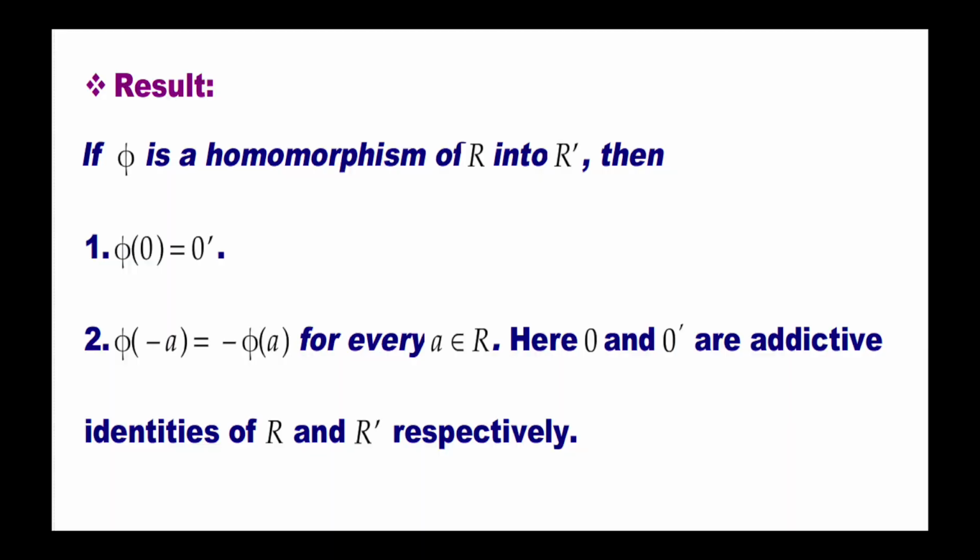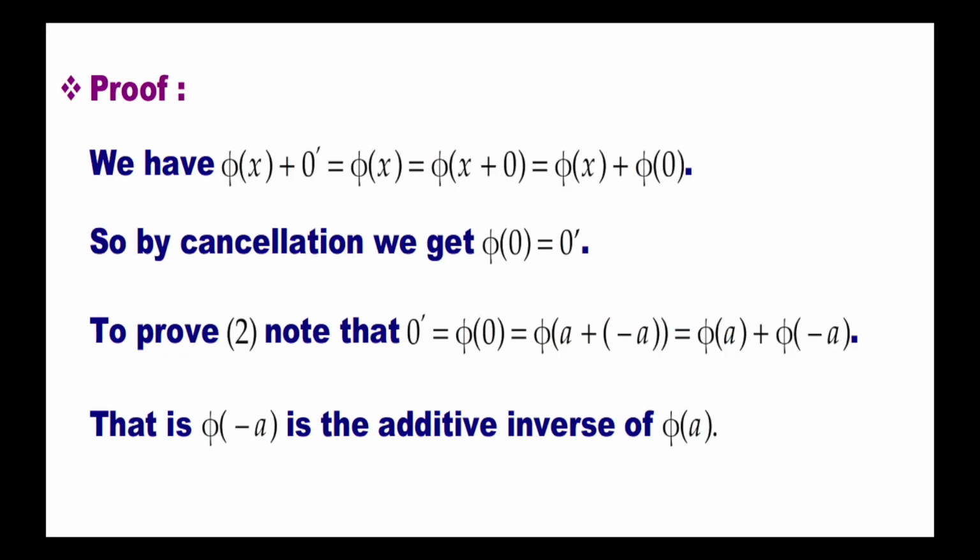Next result is, if φ is a homomorphism of R into R', then φ(0) = 0' and φ(−a) = −φ(a) for every a in R. Here 0 and 0' are the additive identities of R and R' respectively. Proof is, we have φ(x) + 0' = φ(x) = φ(x + 0) = φ(x) + φ(0).